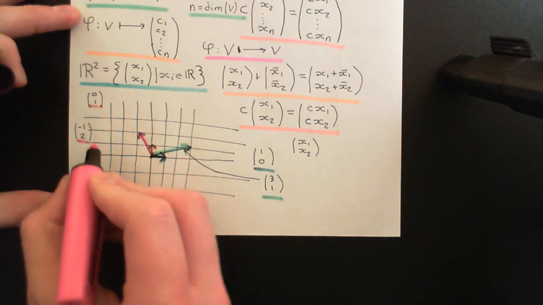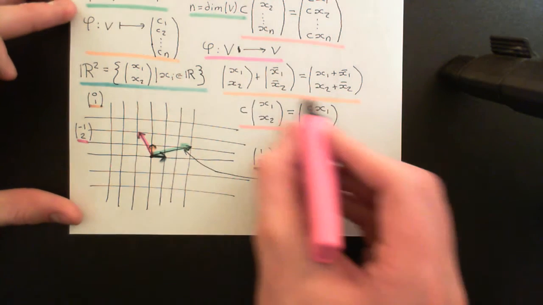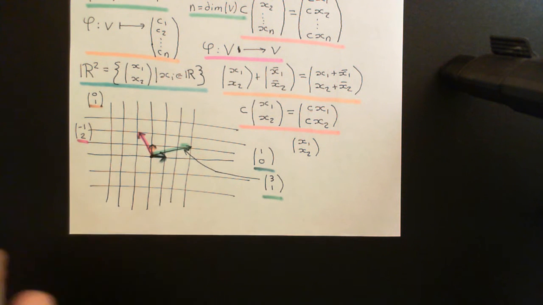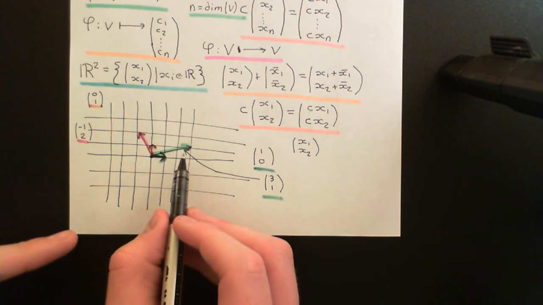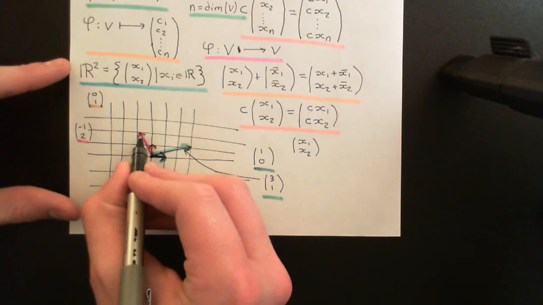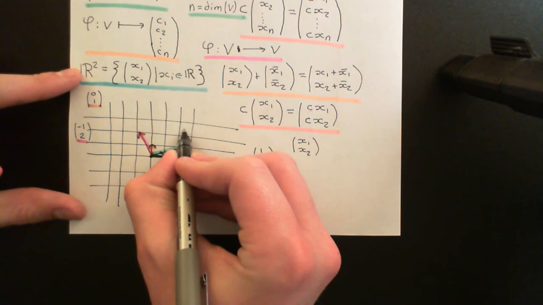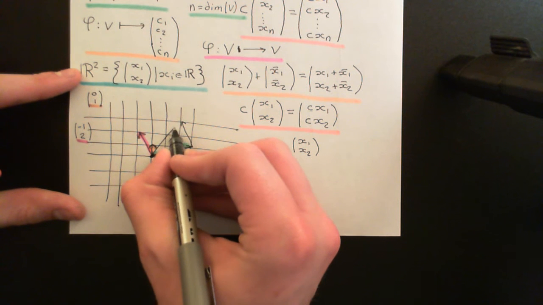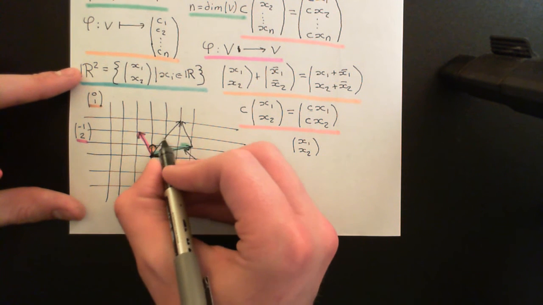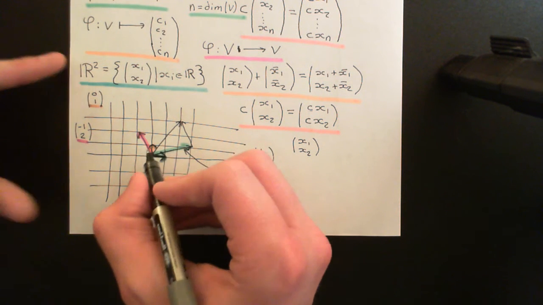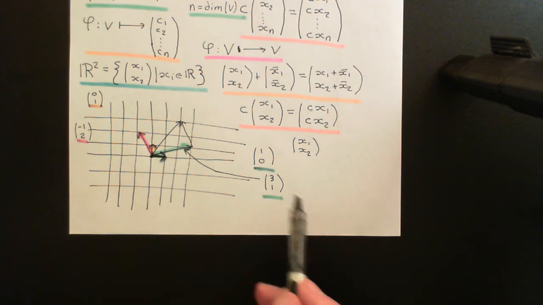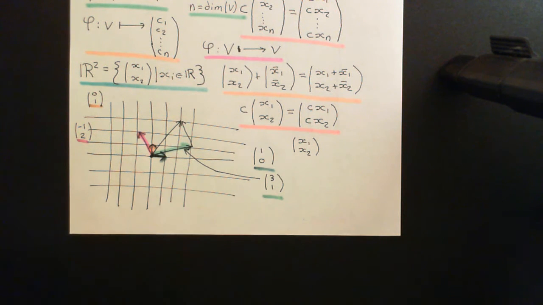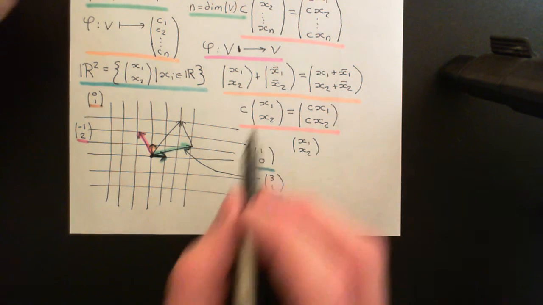Then if we want to add these two vectors together in our vector space over here, a way of visualising that through this picture is to bring this purple arrow here to the tip of the green arrow, like so, and then go from the origin to that final point there, and then this new position vector that you've got here will be the position vector associated with the answer to these two added together in the abstract vector space here.